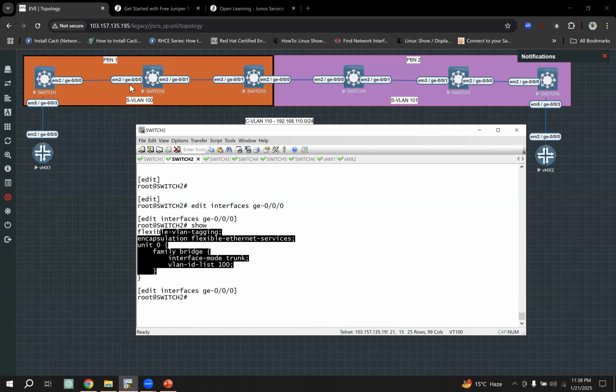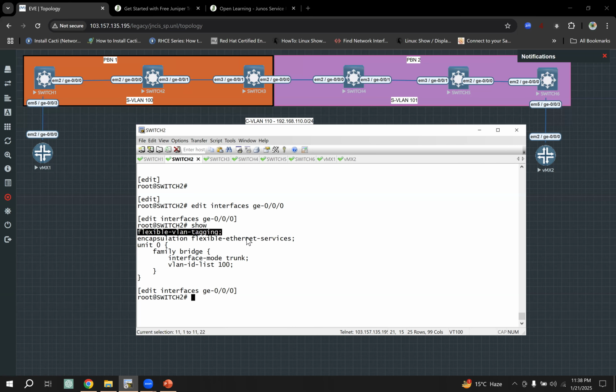Service provider switch port. You can simply think, this is a switch. You need to allow multiple VLANs, and this switch is connected with another switch. So you have to configure this port as a trunk port and allow the specific VLAN.